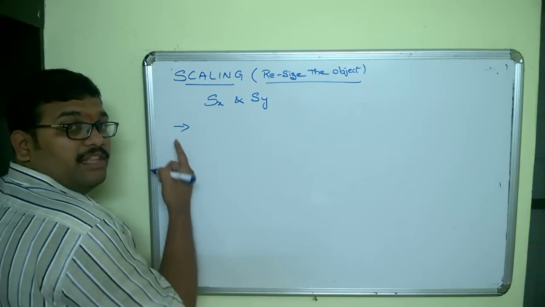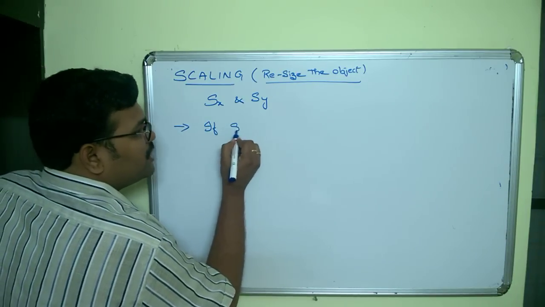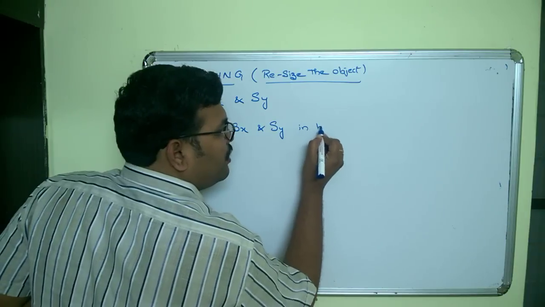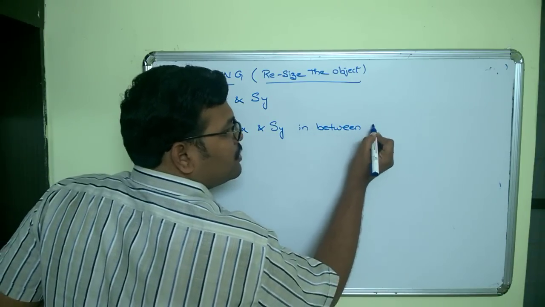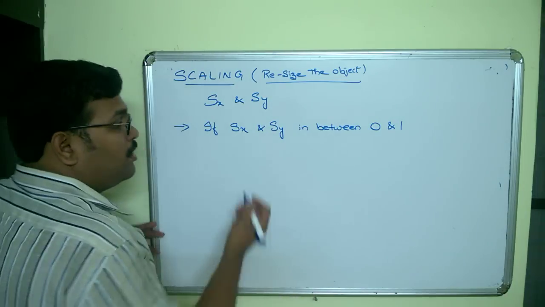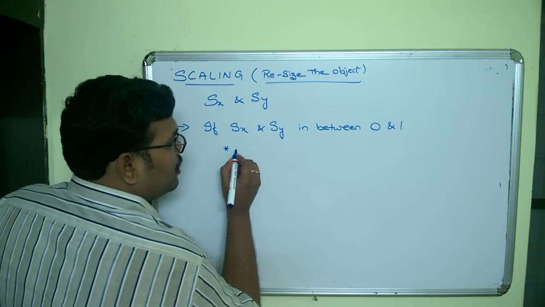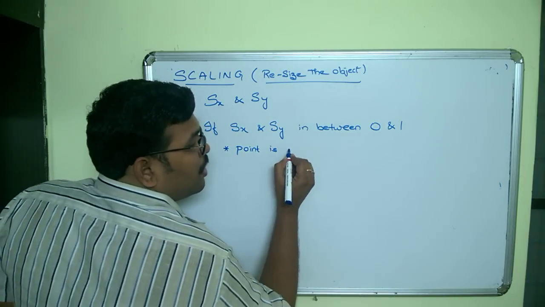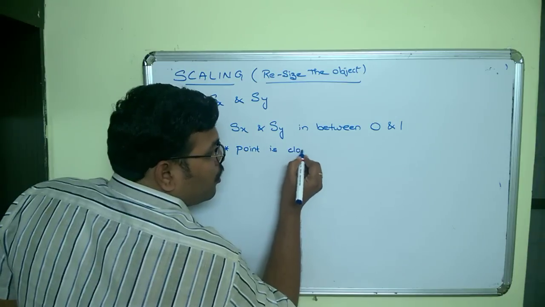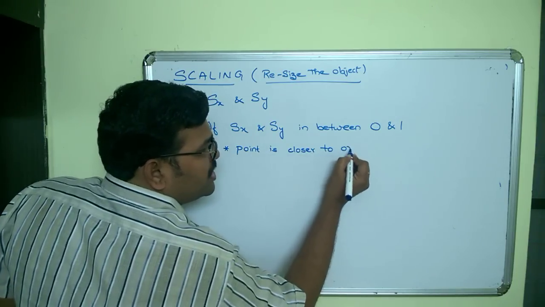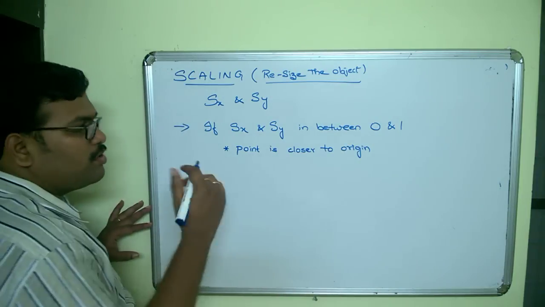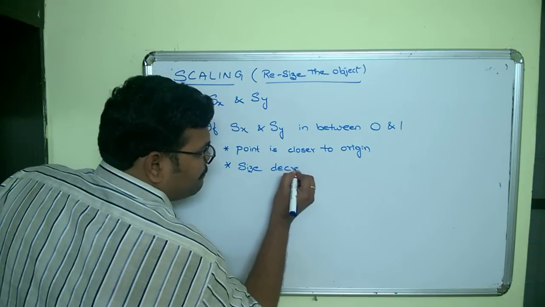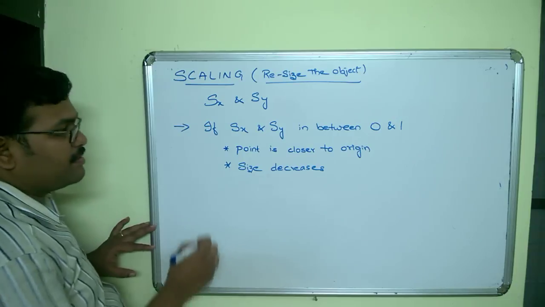In the first case, if both the scaling factors Sx and Sy are in between 0 and 1, then the point is closer to the origin. That means the size will automatically decrease. The size of an object will decrease.